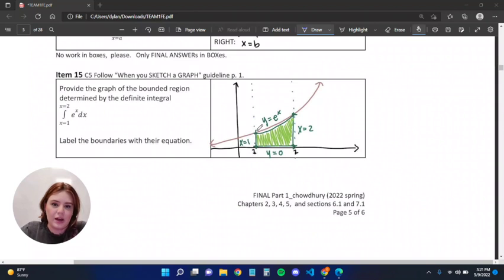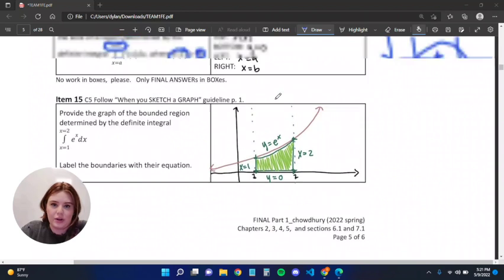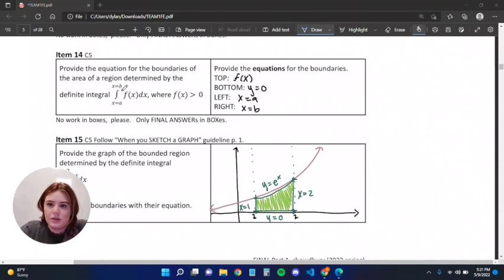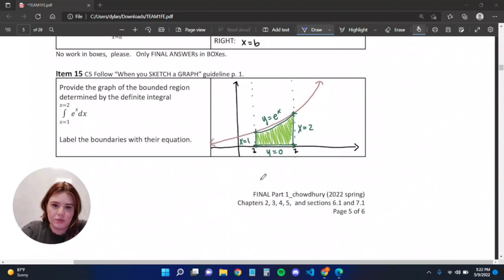The area that is bounded would be along x equals 1 and x equals 2. The bottom would be y equals 0, and our top boundary would be the curve of the function, which would be y equals e to the x. Just like Christian mentioned up here, this part of the equation equals the right boundary, and this part equals the left boundary.